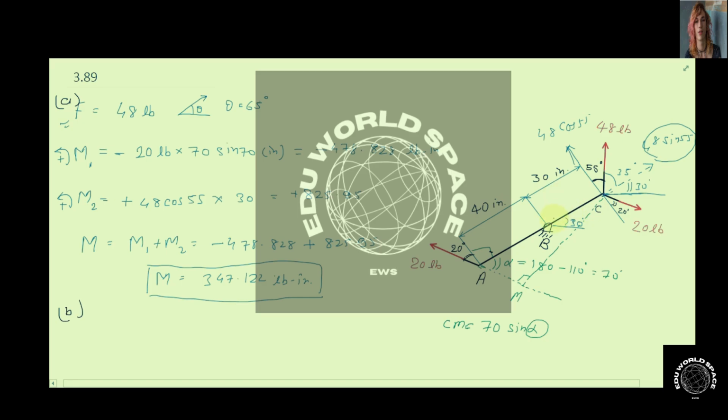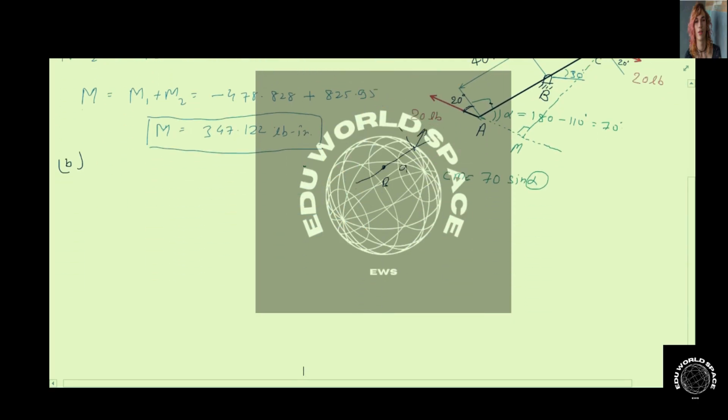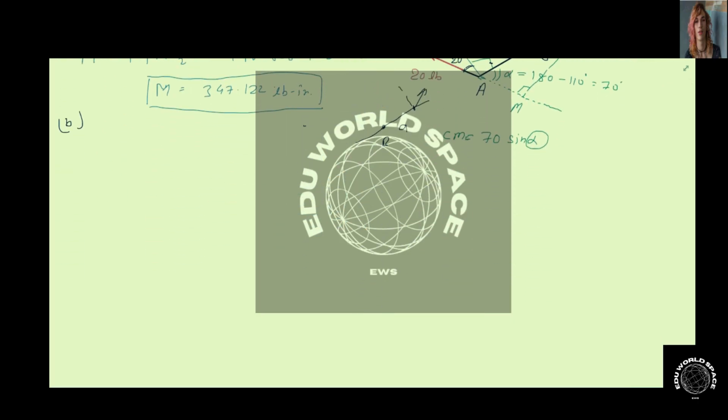So let's say that our equivalent force is at a distance A along the line from point B, and it is acting here. Again this force is the same as that of 48. We can draw it in a much larger diagram, so it will be easier to understand.